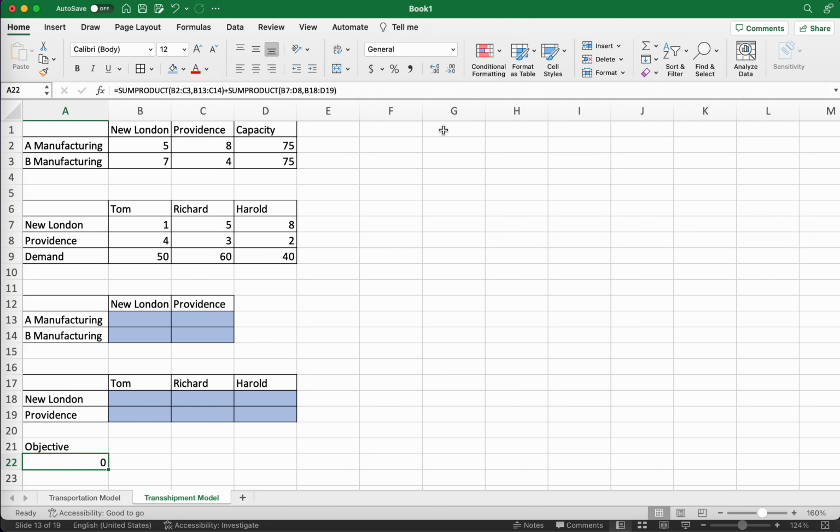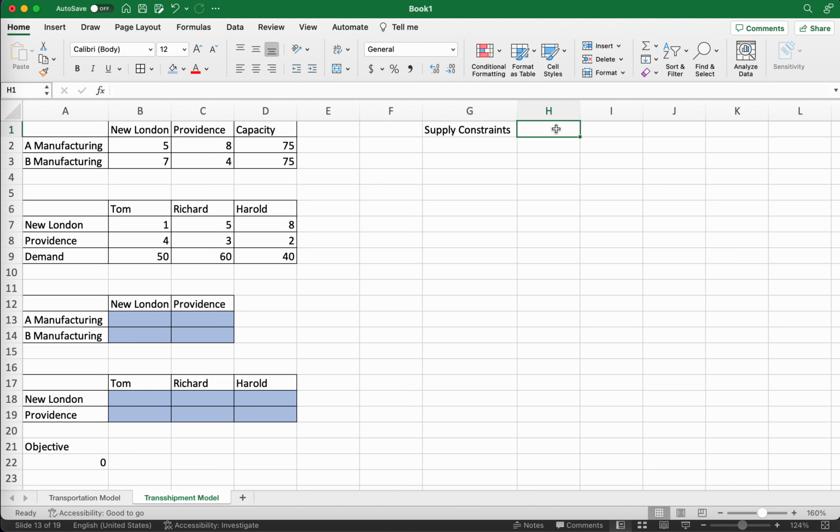Now let's write the constraints. First, let's begin with the supply constraints. We have 2 locations, the amount supplied, and this is the capacity.